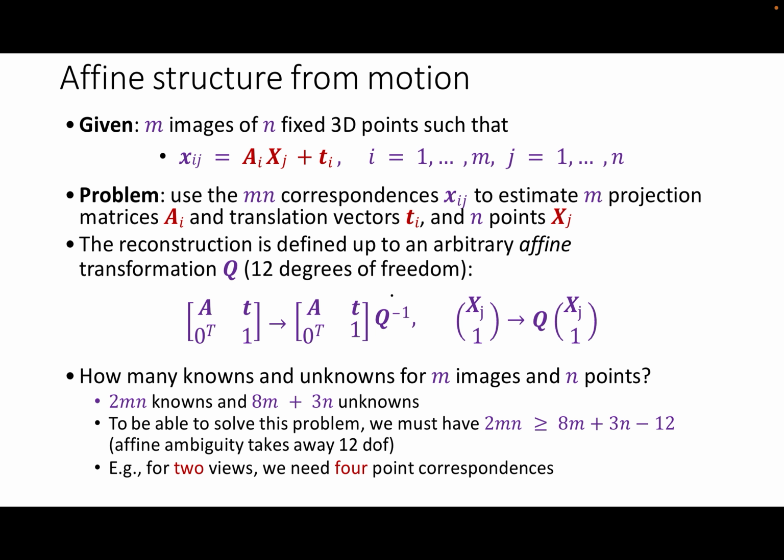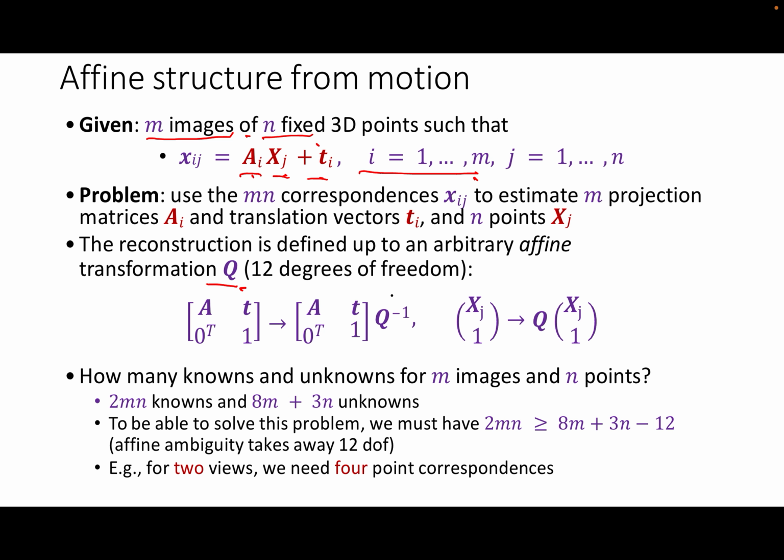Given m images of n fixed 3D points such that x_ij is A_i times X_j plus t_i. A_i and t_i are defined for each camera, because they come from the projection matrix, which is a multiplication of extrinsic and intrinsic, so it is defined for each camera. So assuming we have m images, that means we have m cameras and n fixed points, X_j. The problem is to use the mn correspondences, x_ij, to estimate m projection matrices, A_i, translation vectors, t_i, and n points, X_j.